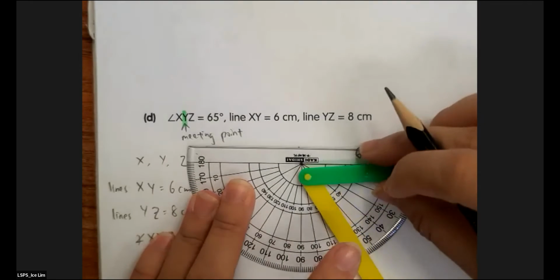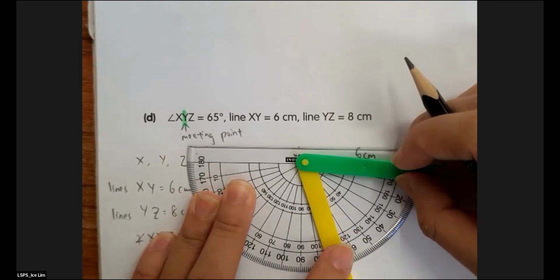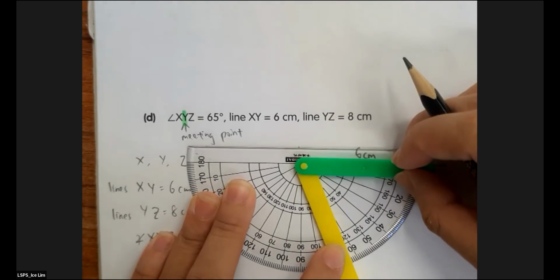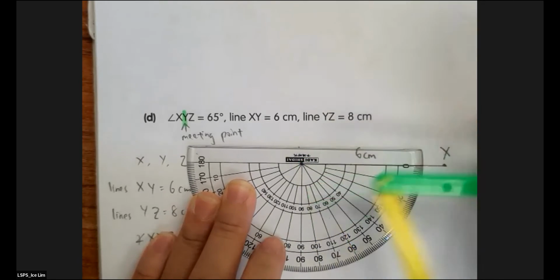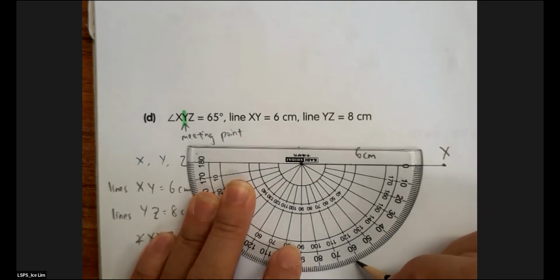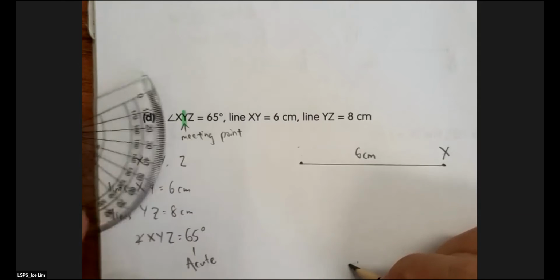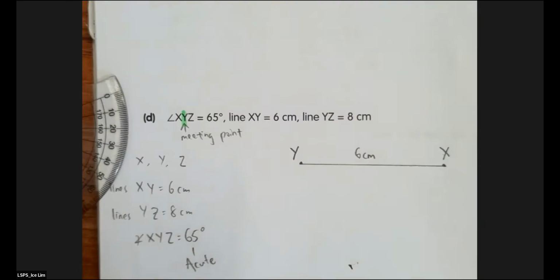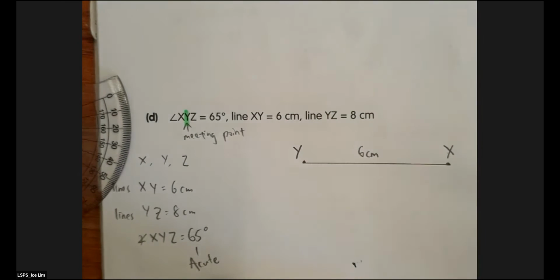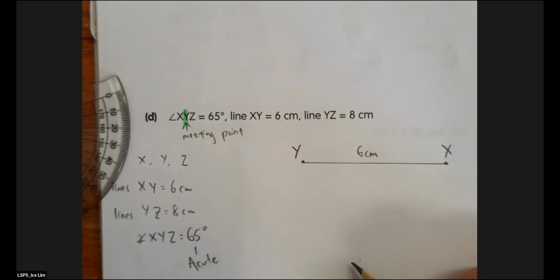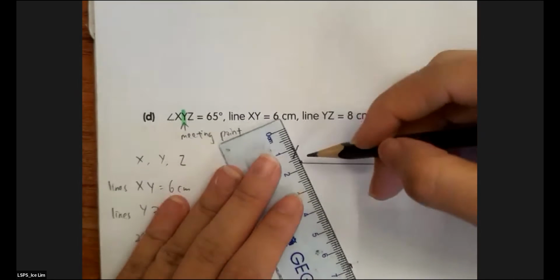I use the scale 65. Mark out the point 65: 1, 2, 3, 4, 5. So Y is here. Mark out the point. Draw the line first.